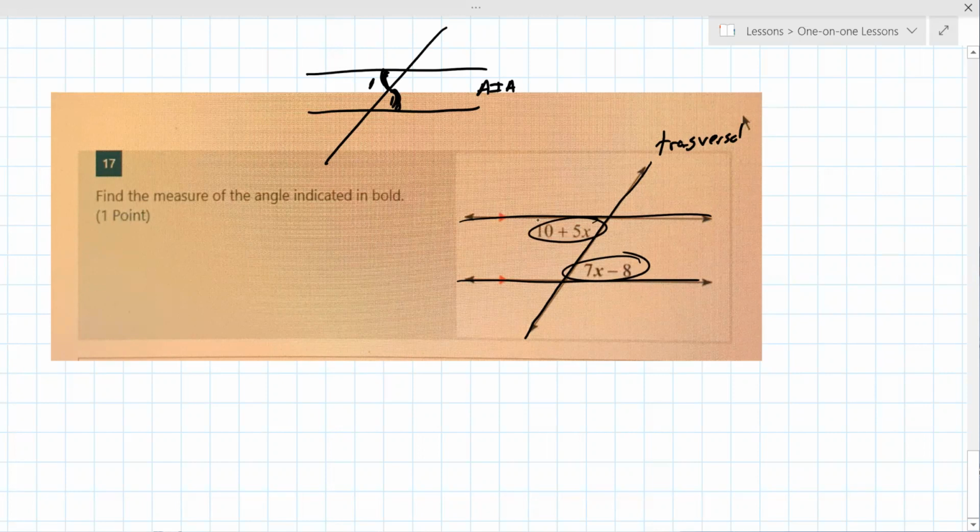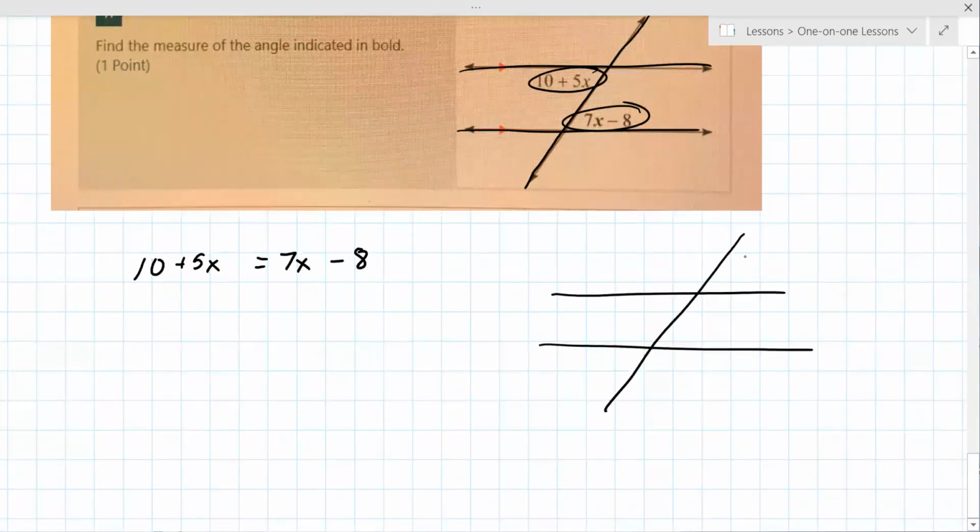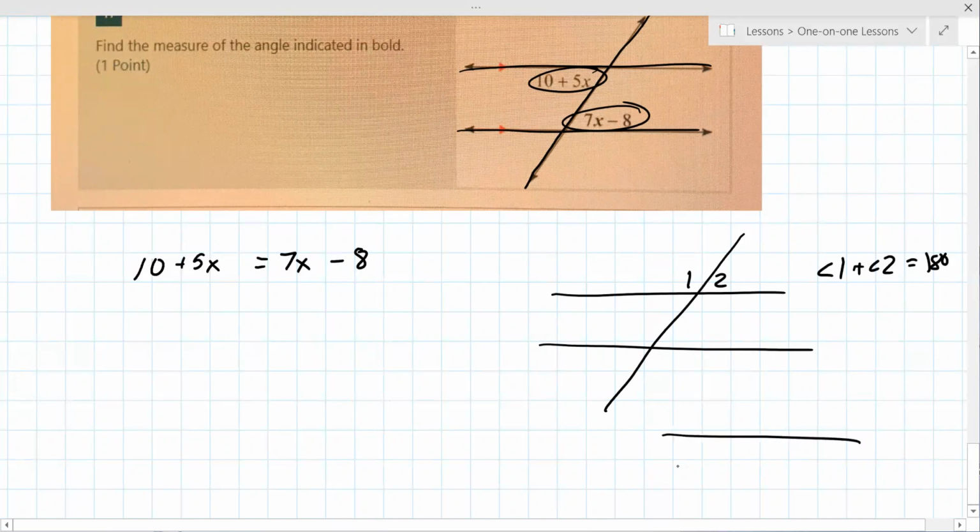Is that okay? If it's not, I'd really like to cover this in more detail, because we have the time. I want to make sure you got it. The only times they add up to 180 is if they're like angle 1 and angle 2, on the same side of a transversal and in the interior.